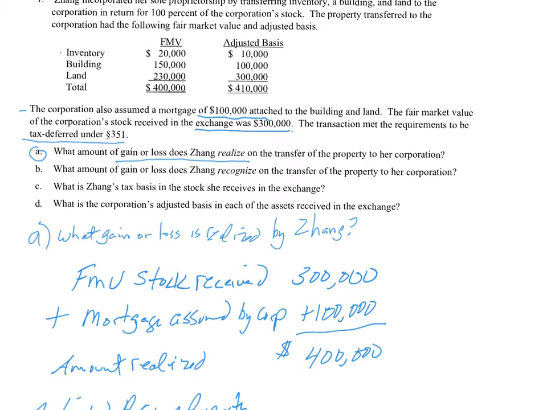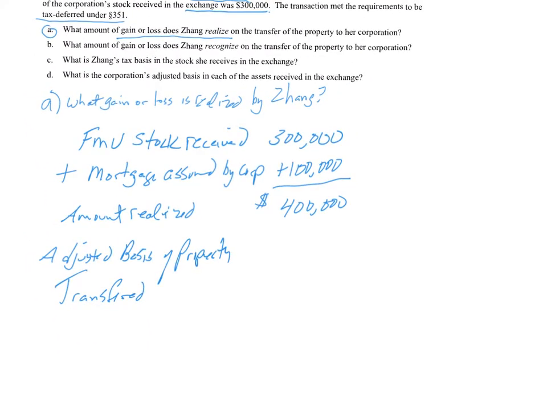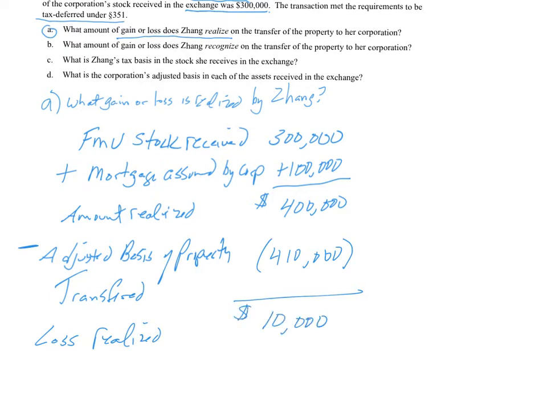She transferred inventory, she transferred building, she transferred land, and our total adjusted basis is this $410,000. Okay? So we have to subtract out that $410,000. So what do we have? We have a situation where she realized a $10,000 loss. Okay, so that was part A.